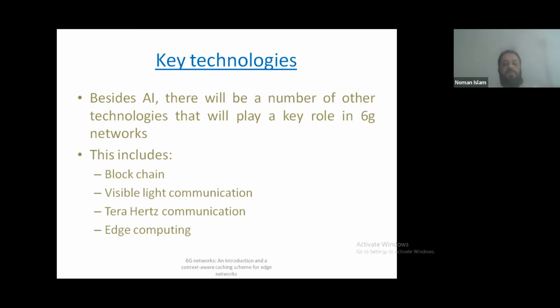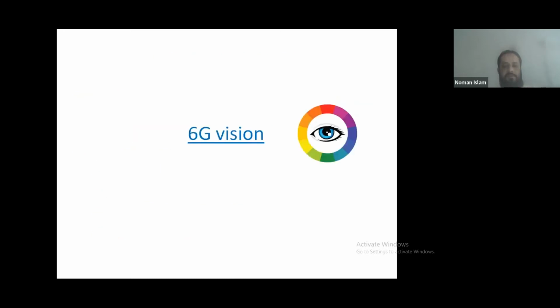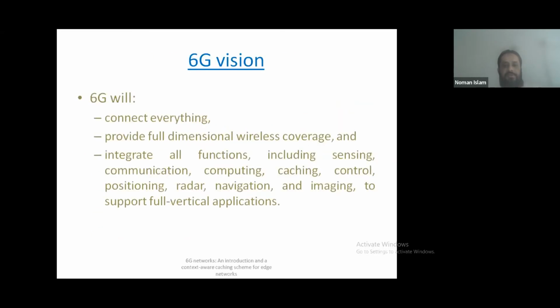Obviously, there are a number of research papers. Each are proposing different enabling technologies, such as people are talking about energy harvesting techniques, and different other technologies that people are talking about, but I'm restricting myself to some of these technologies. So, what is the vision of 6G? 6G will connect everything, provide multi dimensional wireless coverage.